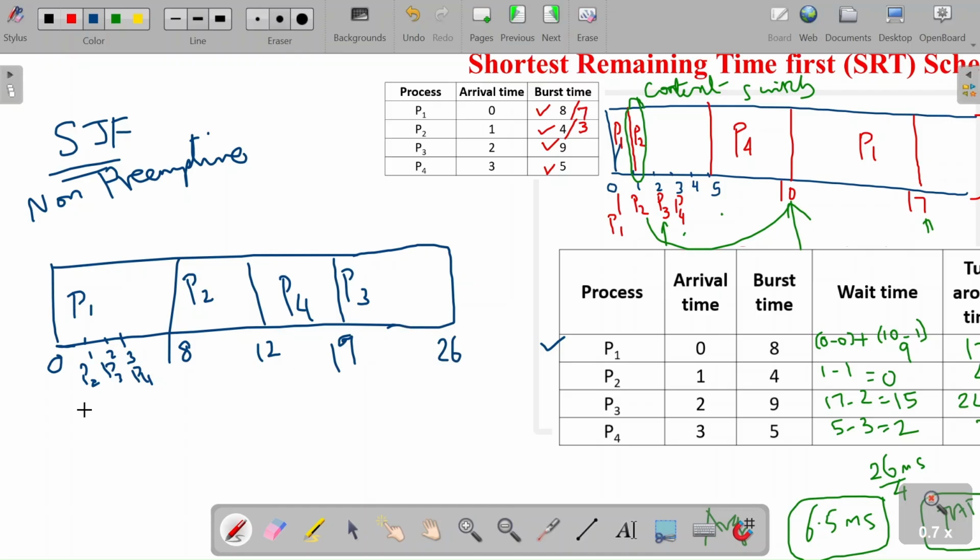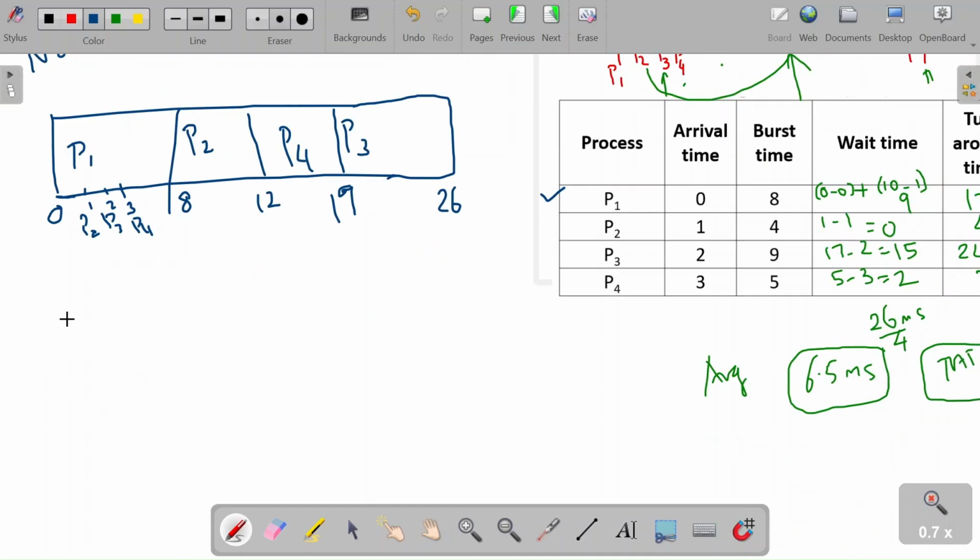Now when you calculate the wait time, what will be the wait time and turnaround time for P1, P2, P3 and P4? P1 starts at 0, so its wait time is 0. What about the wait time for P2? P2 starts at 8 and arrives at 1, so it's 7. What about P3?